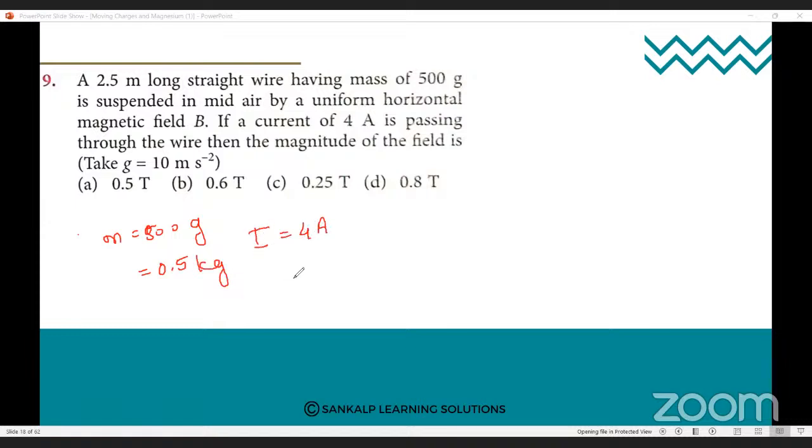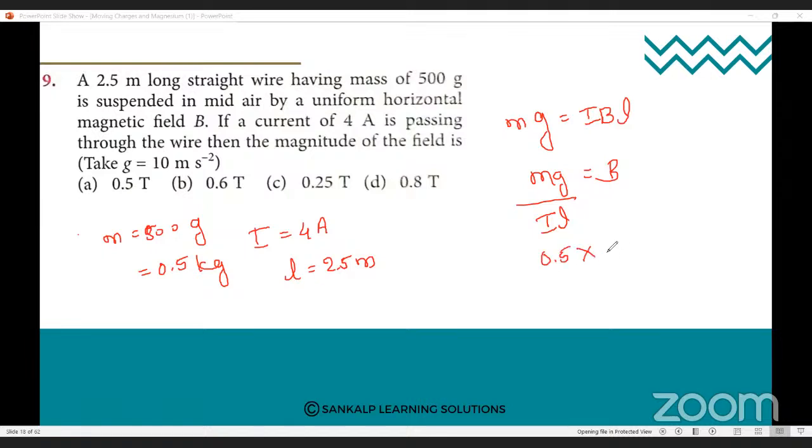The current is 4 ampere and the length is 2.5 meter. We need to calculate the magnitude of the magnetic field. Again the same: mg is equal to IBL, therefore B is equal to mg divided by I into L. Mass is 0.5 kg into acceleration due to gravity 10, current is 4 and the length is 2.5.